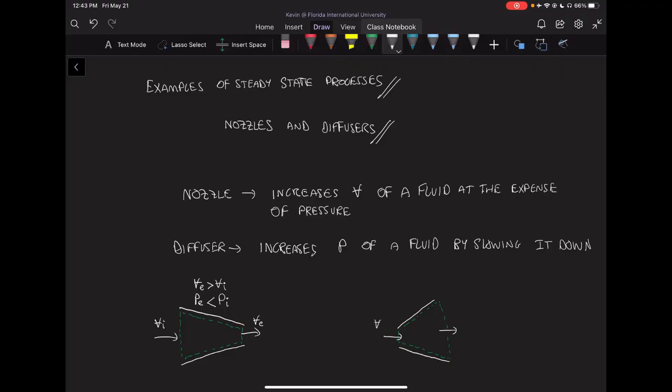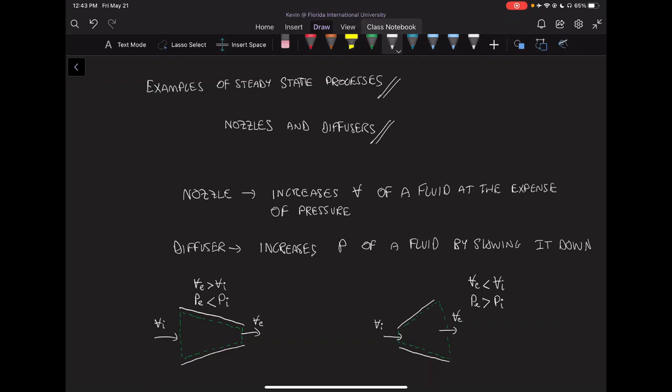And this flow going in is a high velocity flow, and it gets slowed down by the diffusion, by the fact that the area becomes larger. And so we can say that in this case, the velocity at the exit is smaller than the velocity at the inlet, and we can say that the pressure at the exit is now greater than the pressure at the inlet. Okay, so just a little bit of an explanation of how this works.